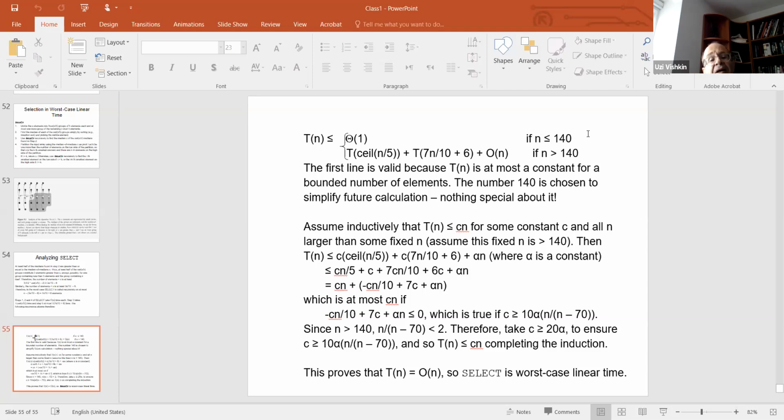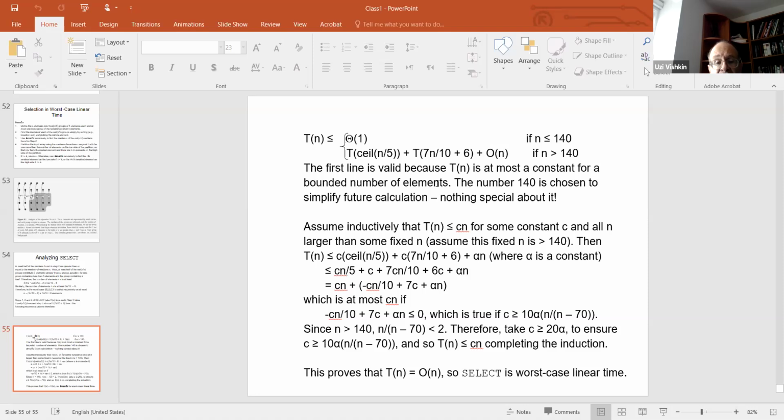Okay, and then I need to solve a problem of size n. So how do I need to solve it? The one thing that I need to do is apply the algorithm outside the recursive calls.